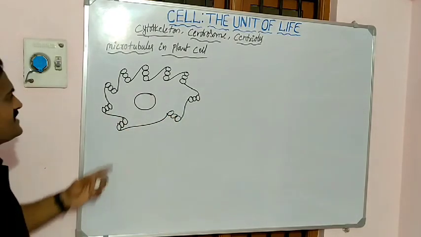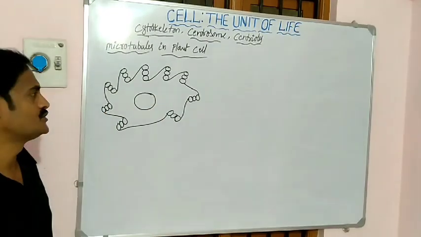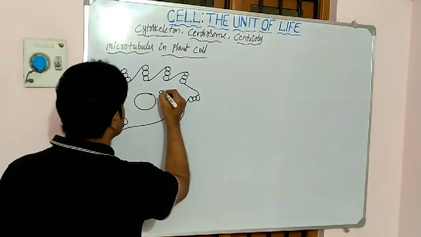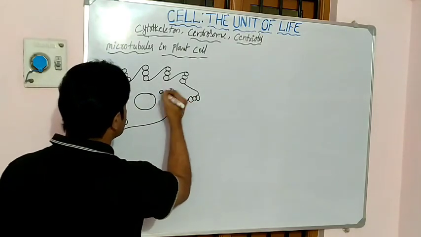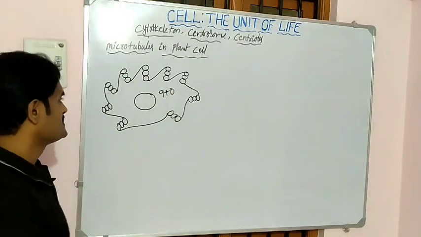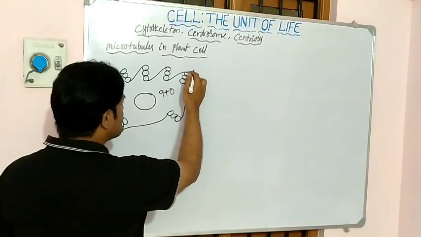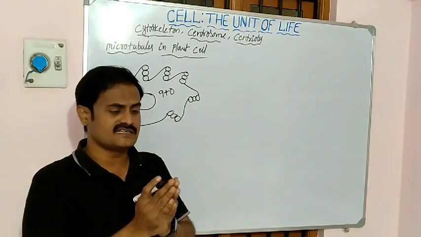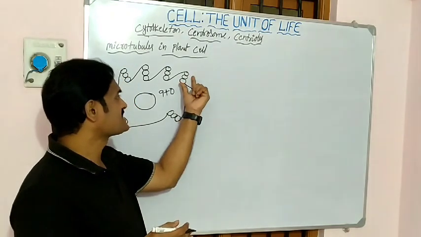See, this is the arrangement of the microtubules. So this kind of arrangement is called the 9 plus 0 arrangement. Remember, these 3 microtubules are arranged as one structure.